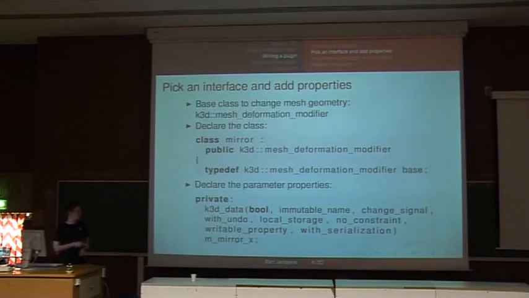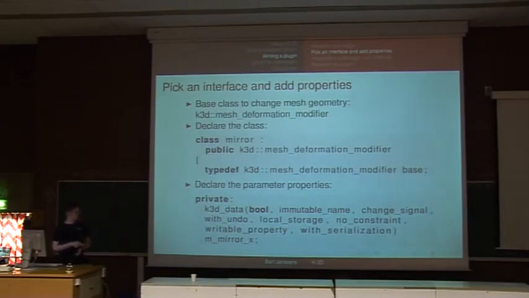Local storage means that the Boolean value is actually stored inside the property. It's not referred to by a pointer or anything like that. No constraint means we don't constrain the property value. In case of a Boolean, that would not be very useful, but in case of a double or integer value, it is useful to be able to define constraints so we can limit the values to a certain range.